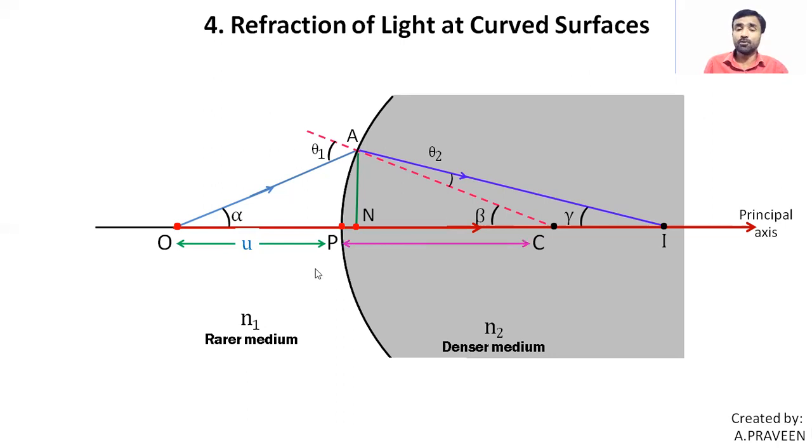The distance between pole and center of curvature is always measured as radius of curvature, denoted by capital R. Then I'm measuring the distance between the pole and the image. This distance is denoted by the letter V. So U is object distance, V is image distance, R is radius of curvature.